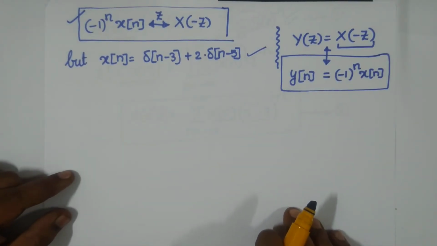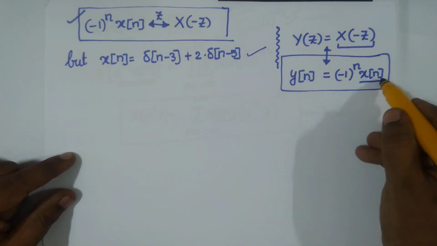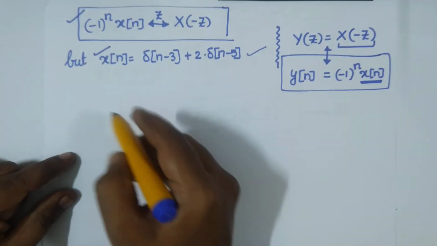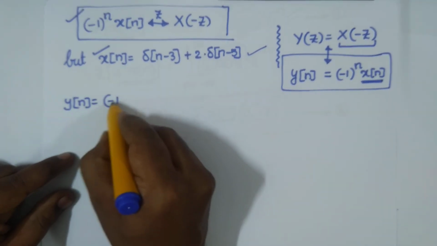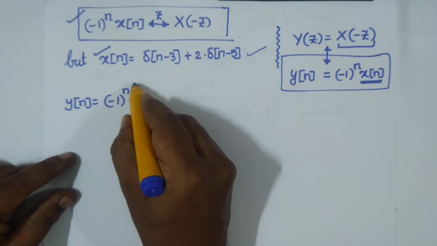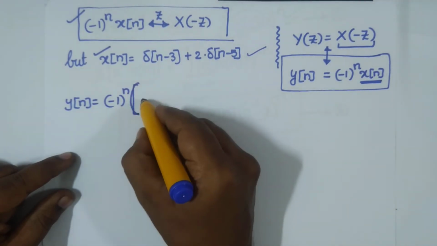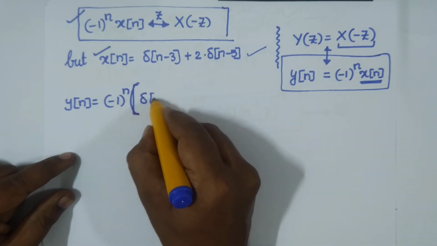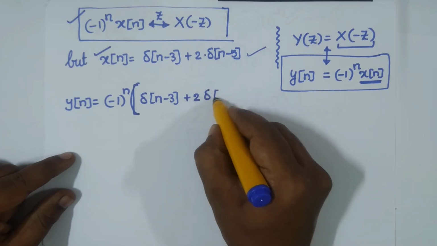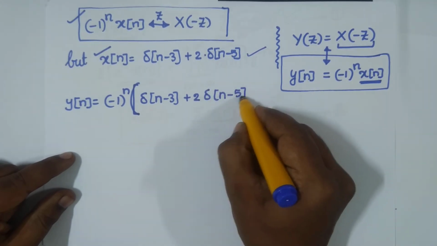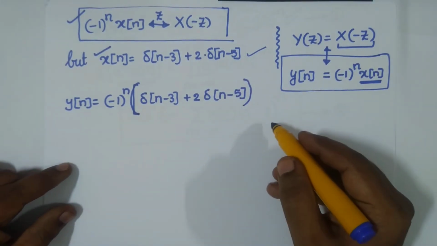But what is our x of n here? So y of n equals minus 1 power n multiplied by x of n, which is delta n minus 3 plus twice delta n minus 5. Now we can use one of the finest properties of this impulse function.